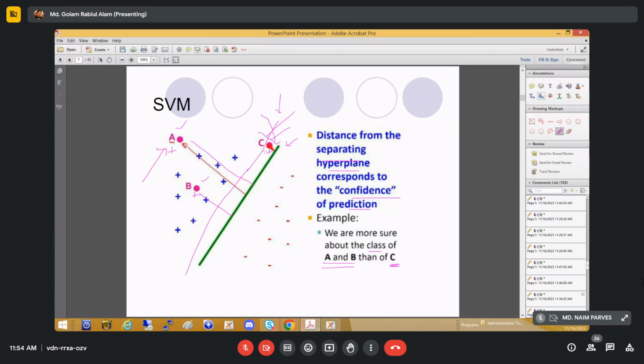We can draw the line this way, or that way, or this way, but that is not our goal. Our goal is to place the hyperplane in such a way that the average distance of different data points will be high. So this is another criterion to place the hyperplane.